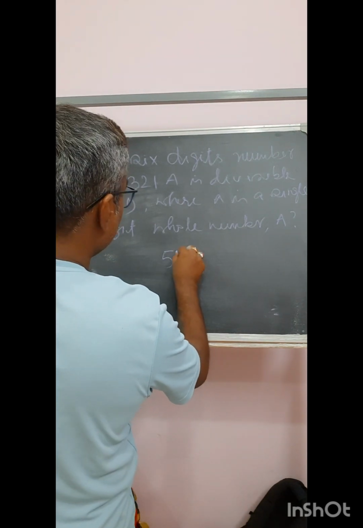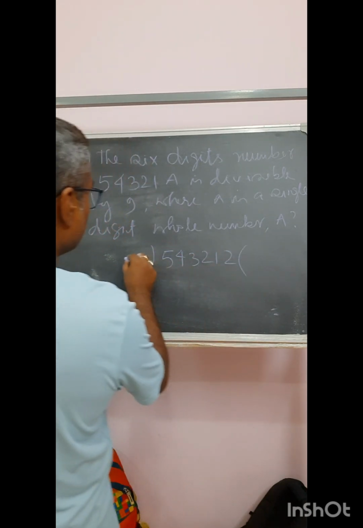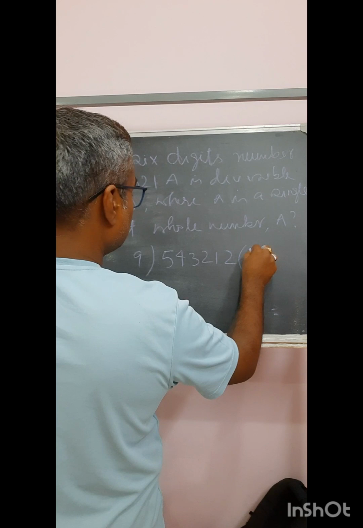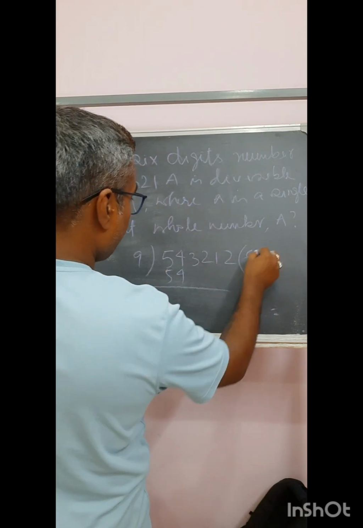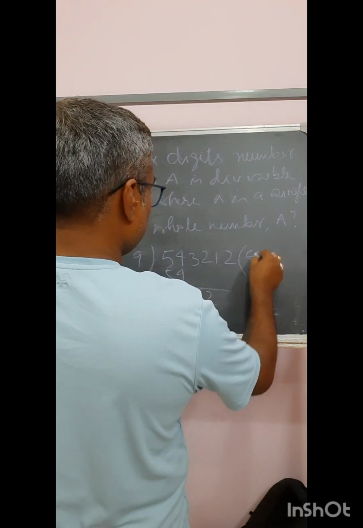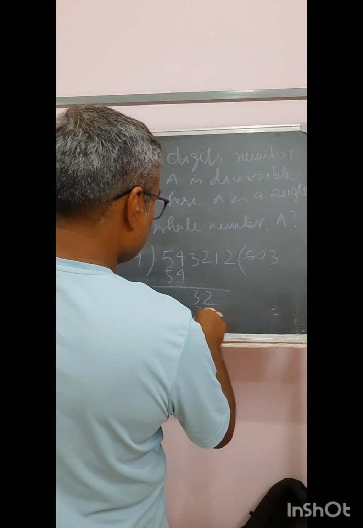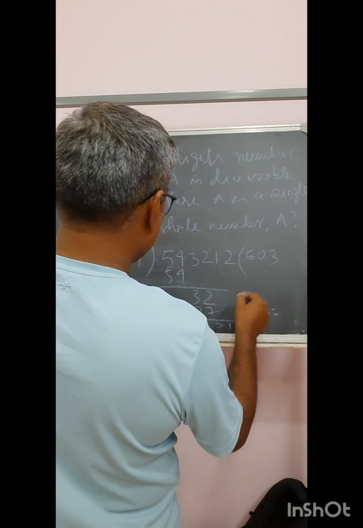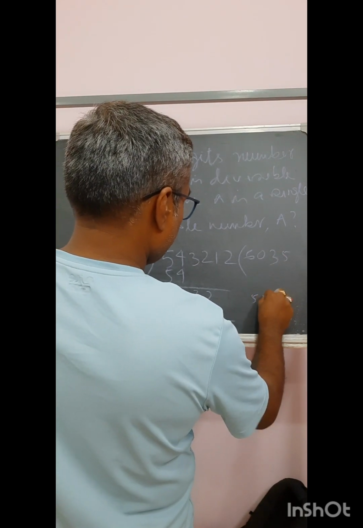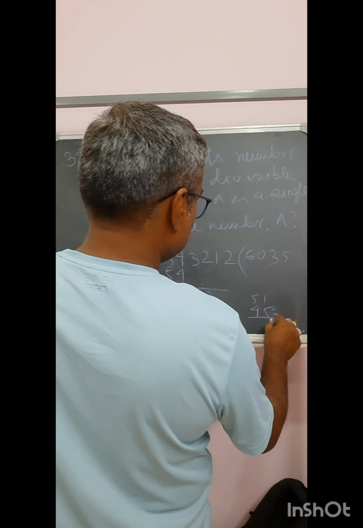Any other number can be possible, but the least one is taking a equal to 2.